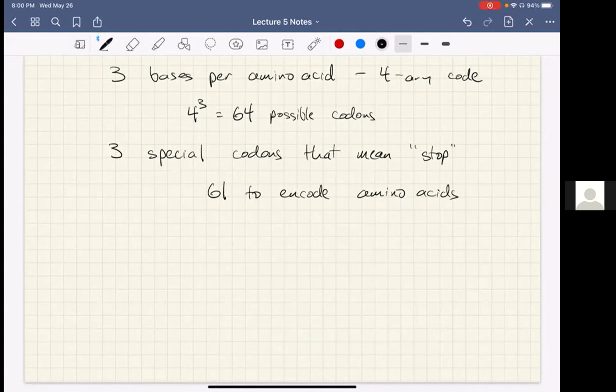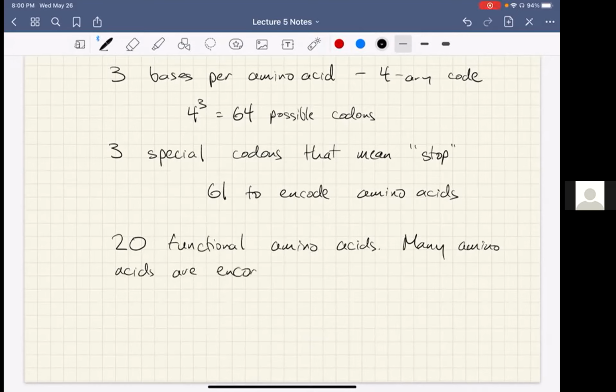In fact, there are only 20 functional amino acids. Many amino acids are encoded by multiple codons, but not all. So some amino acids are actually encoded by only 1.